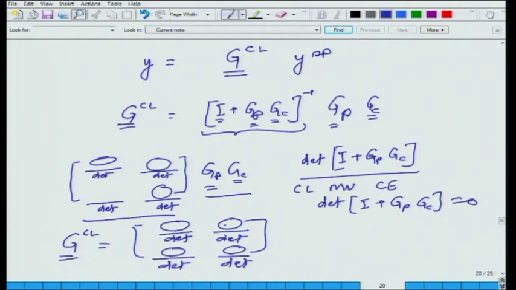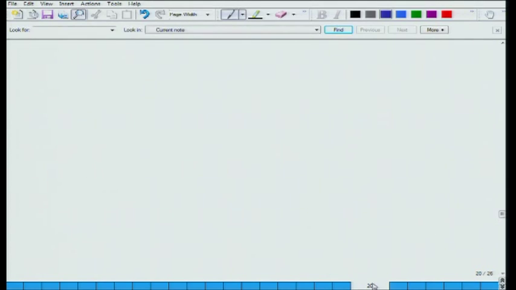Okay. Now, let us talk about multivariable tuning. How do we do seesaw tuning? What is the basis of seesaw tuning? Seesaw tuning is what? You take G open loop divided by 1 plus G open loop.